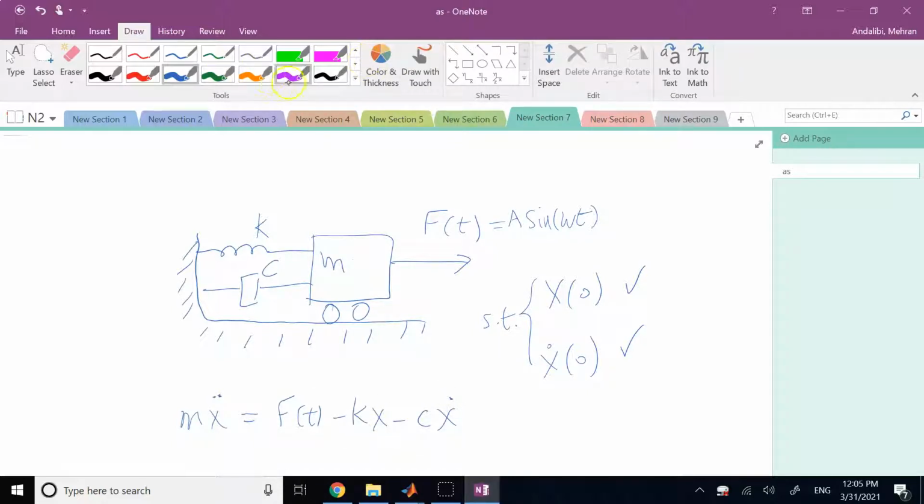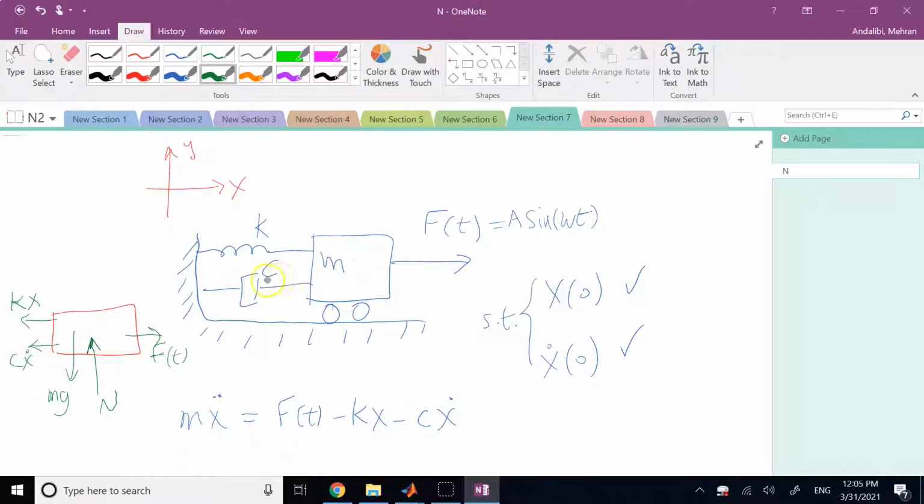Okay, because if you draw the free body diagram and use the traditional x and y, the forces on this guy are mg and N in the y direction, and you have F in this direction, and you have the spring force, which is K times x backwards, and you have the force of the damper, which is c x dot.